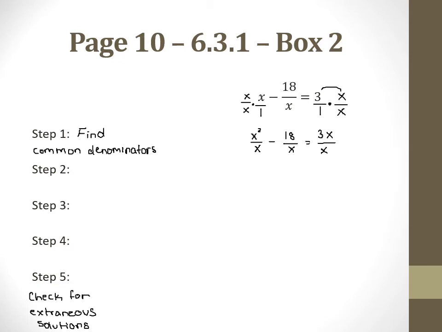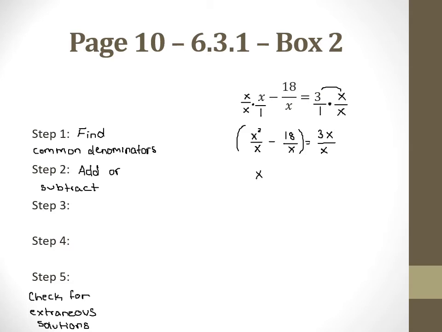Step 2 is the same as your 2.0 target. You want to add or subtract. So in this problem, we have x squared minus 18. Oh, both are over x. We've got the same denominator, so we can simplify that addition and subtraction.